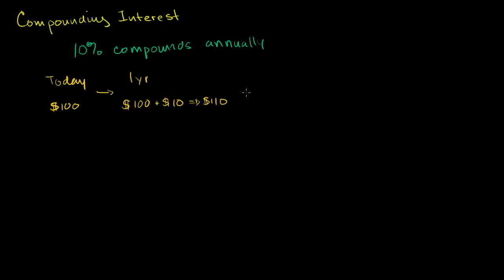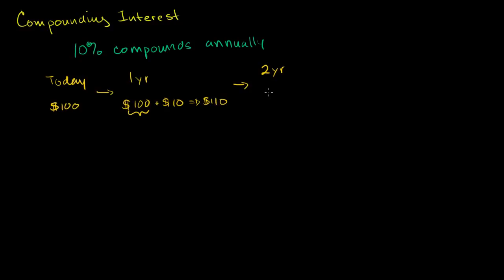And then after 2 years, a year after that first year, you're going to get 10% not just on the $100, you're going to get 10% on the $110. So 10% on 110 is $11.